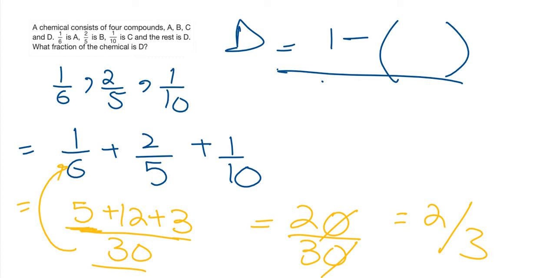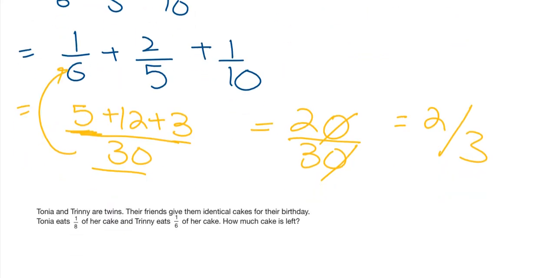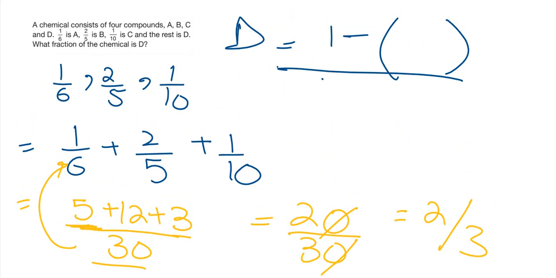Alright, so the 4 compounds make up a 2 over 3 fraction value. Okay, so we have to work out the value of D. Let's use this space over here. So we got 2 over 3 as the answer, and we have to subtract it from 1.